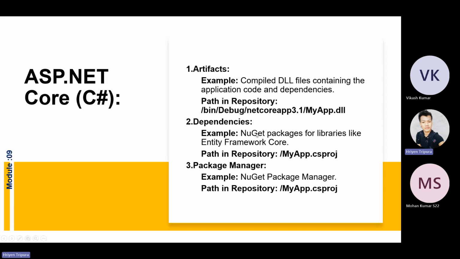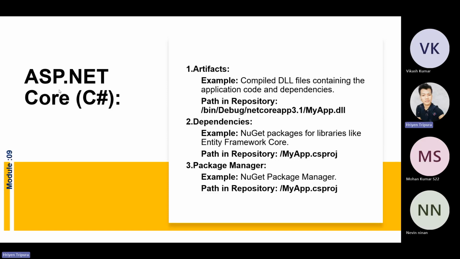NuGet is basically a package management for your ASP.NET code base applications. Whenever you are working with this specific technology stack, in my case ASP.NET Core, you will be using this NuGet package management every time.